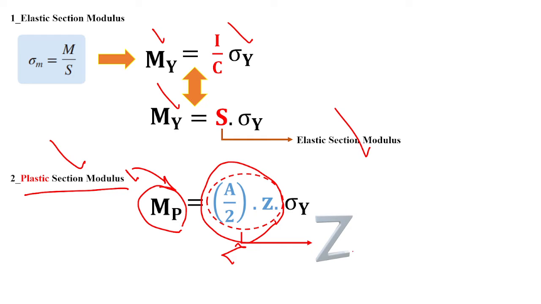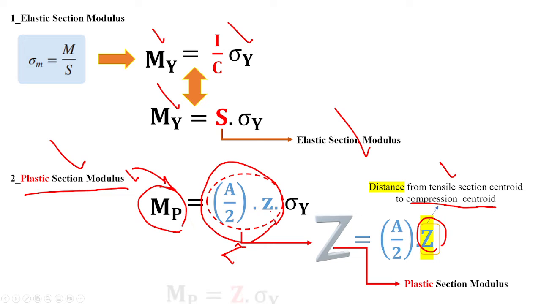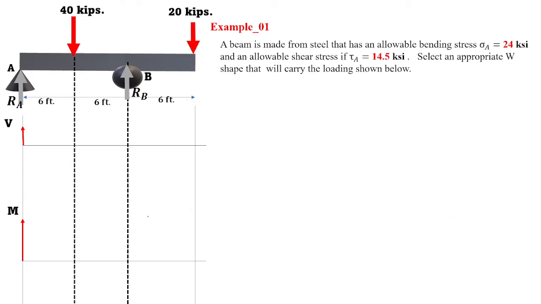So that goes by capital Z, and that's the plastic section modulus. This small z here is the distance from the tensile section centroid to the compression centroid. Likewise, M plastic is the plastic section modulus times sigma y.